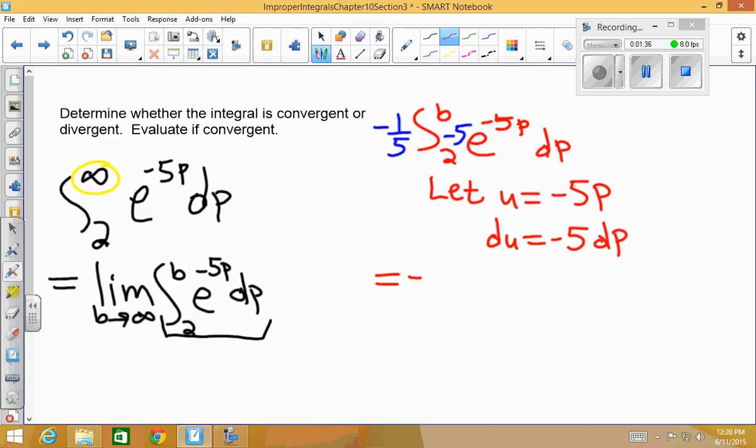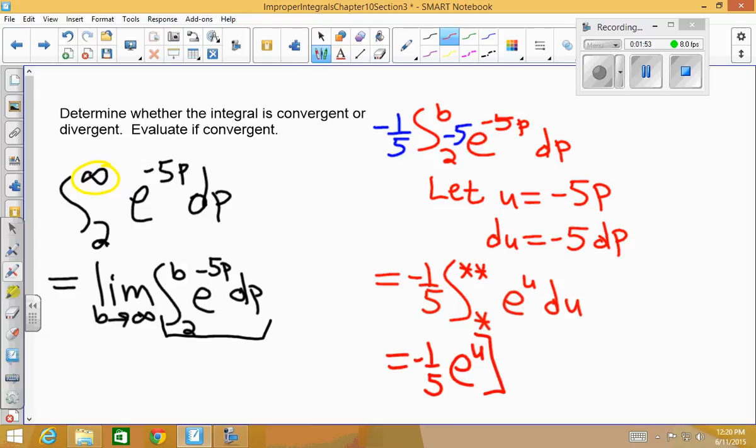So our integral turns into negative 1/5 times the integral on the new limits of integration, whatever they may be, e to the u du. The integral of e to the u is simply e to the u.